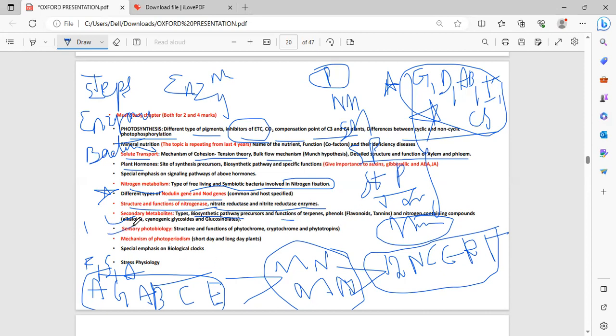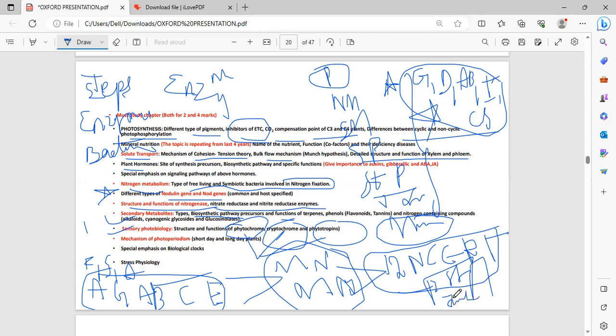Coming to the sensory photobiology. Sensory photobiology mainly consists of 3 types. That is phytochrome, cryptochrome, and phototropin. Among these 3, we have to make a chart in a comparative way. In that, we have to study structure and functions.